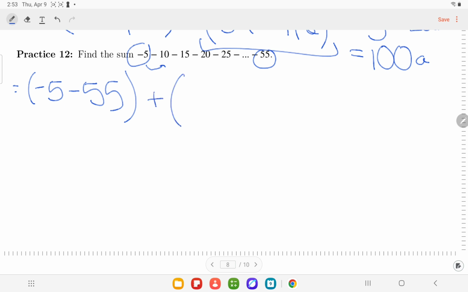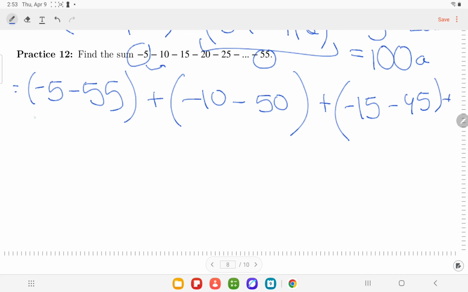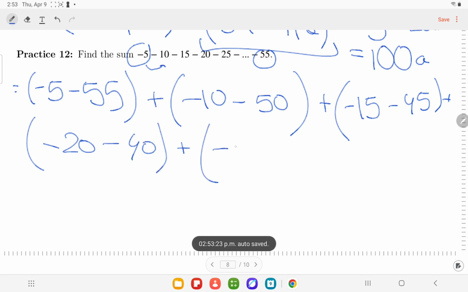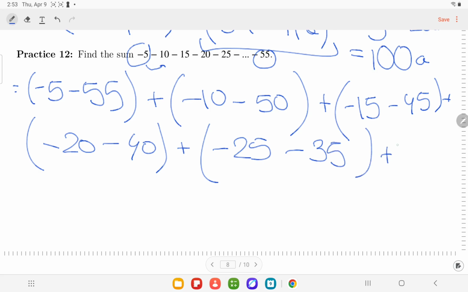So our next pair would be -10 minus 50. And then we would have -15 minus 45. -20 minus 40. -25 minus 35.